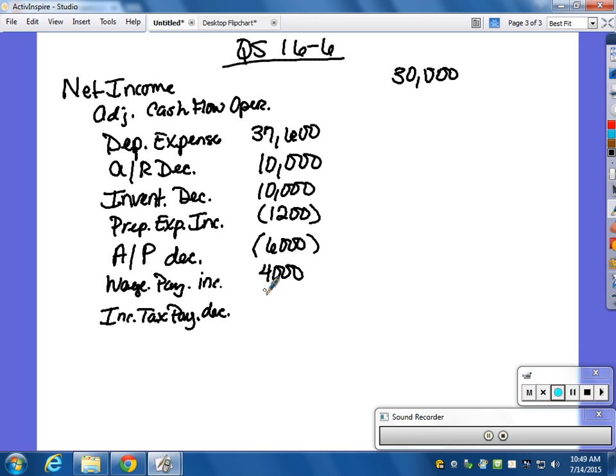Decrease by 1,200. Okay. Is that all, or do you have more? Notes payable? Can't do notes payable because it's not a long-term liability.